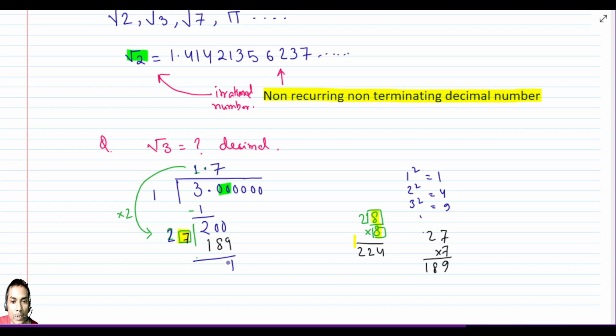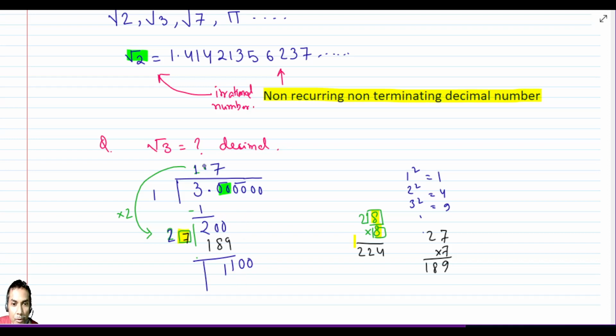So 11, then you just drop another 00 from here. This is completed, another 00 here.